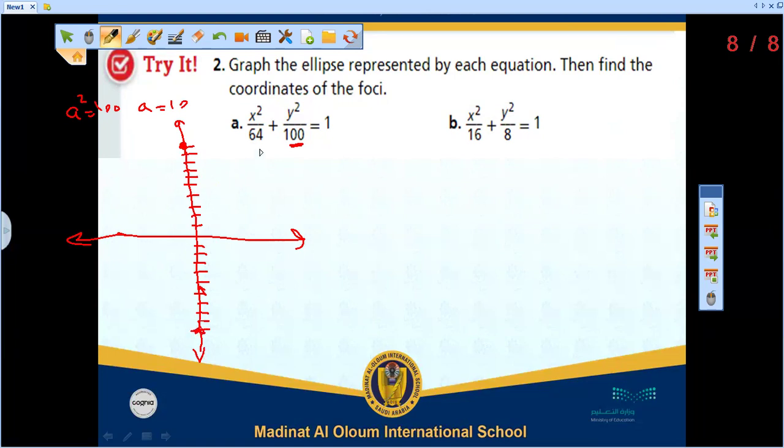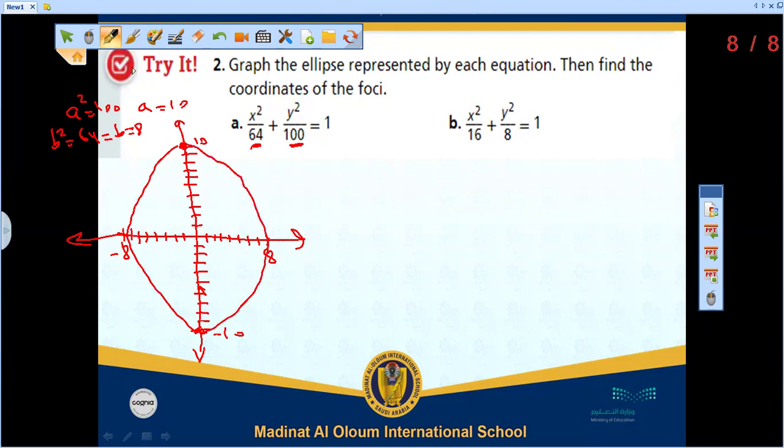This one is a, guys. My b squared is 64. It means b is 8. I'll go right 8, 1 through 8, and left 8, 1 through 8. It means this is negative 8, and this is 10, and this is negative 10, and you join it like this, guys.